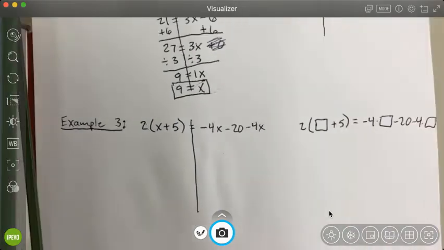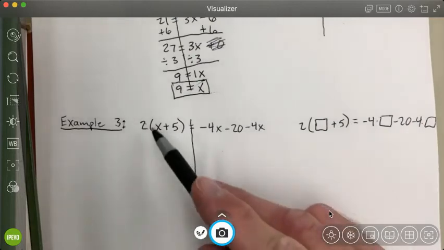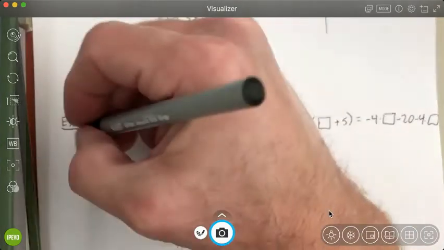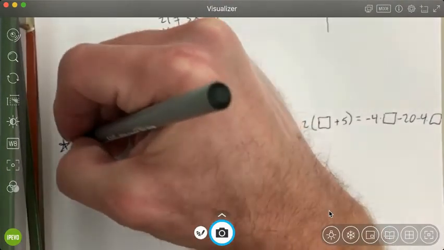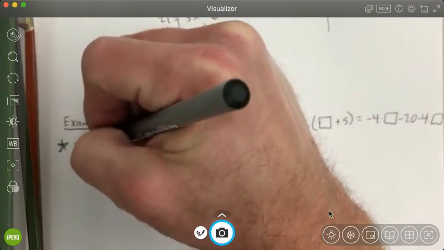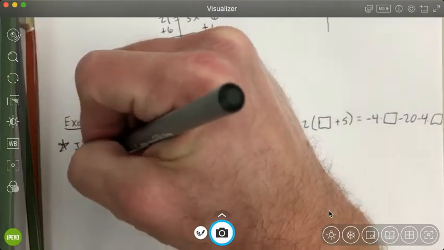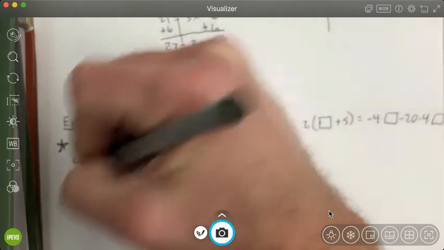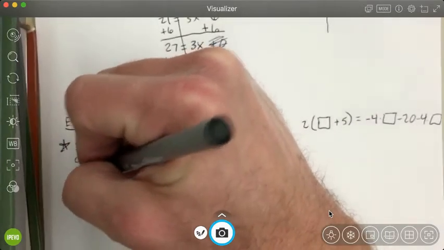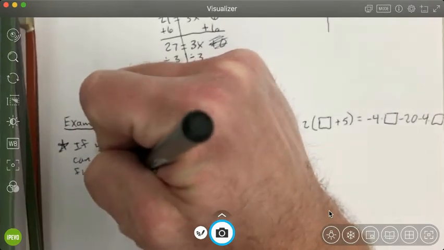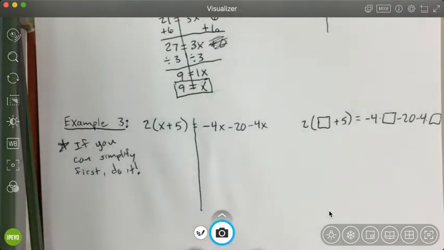So here, before I do anything, here's the big note. If you can simplify, do it. It's going to make your life a lot easier in the long run.